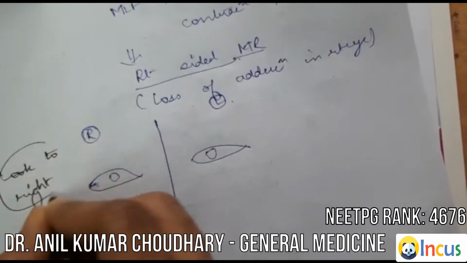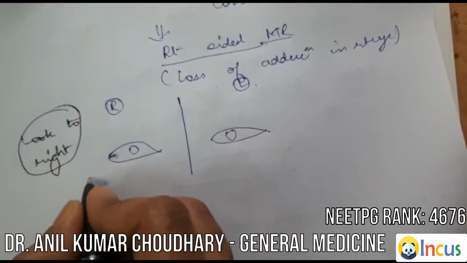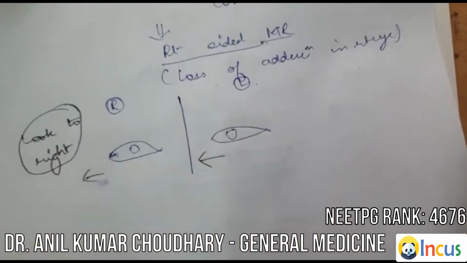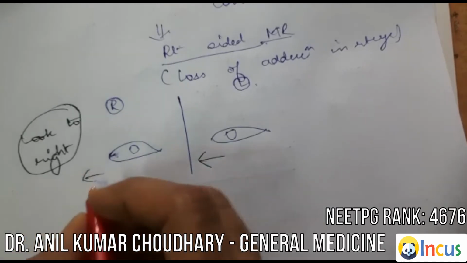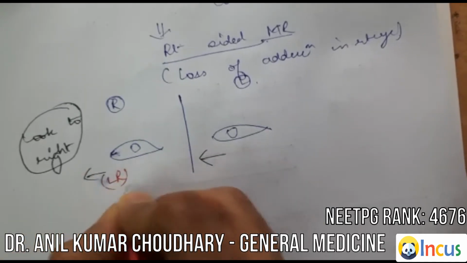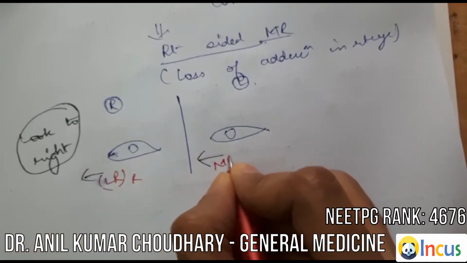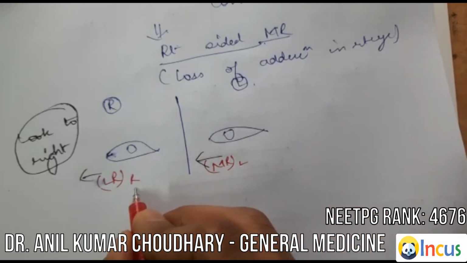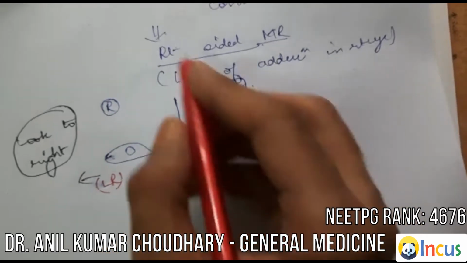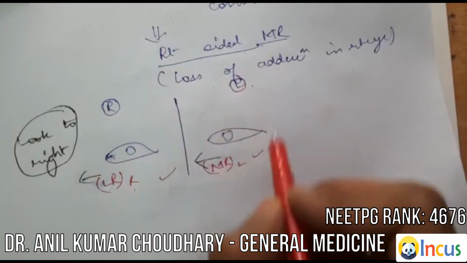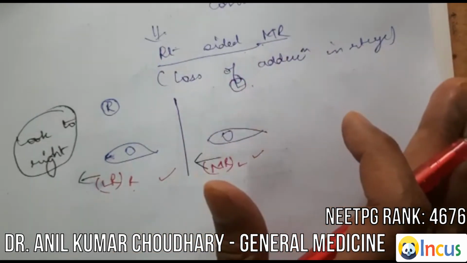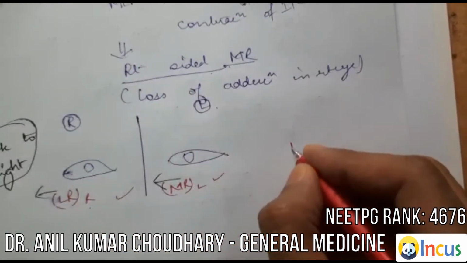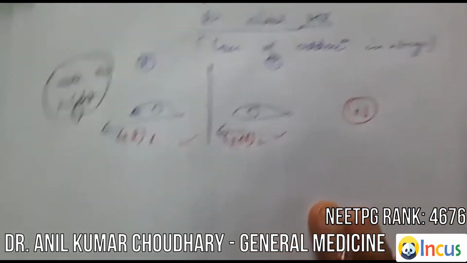When you are asked to look towards your right, what are the muscles that will be active? Lateral rectus of the right side and medial rectus of the left side. This is functioning well, this is functioning well. Only pathology was the right side medial rectus, so we don't need the right side medial rectus in this movement. So this movement will occur normally.